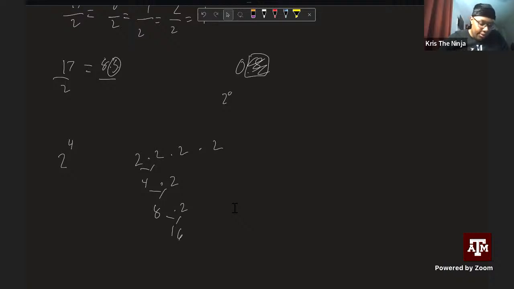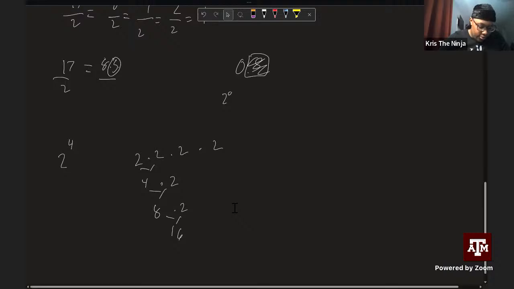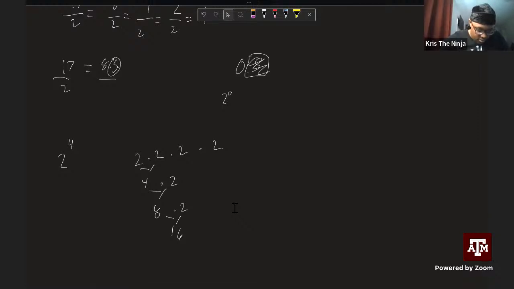In binary, we'd have to write that in 5 bits because it starts at 0. So you have 2 to the 0, 2 to the 1, 2 squared, 2 cubed, and then 2 to the fourth, and that gives us 1.